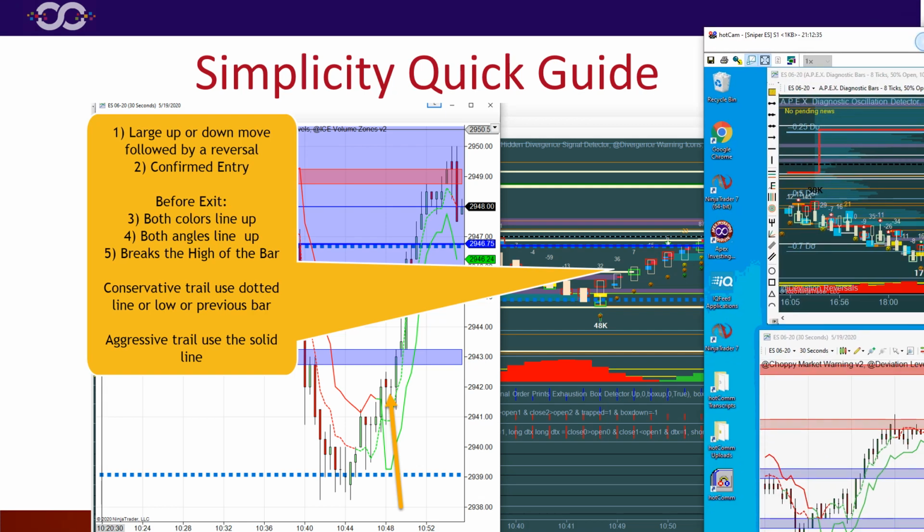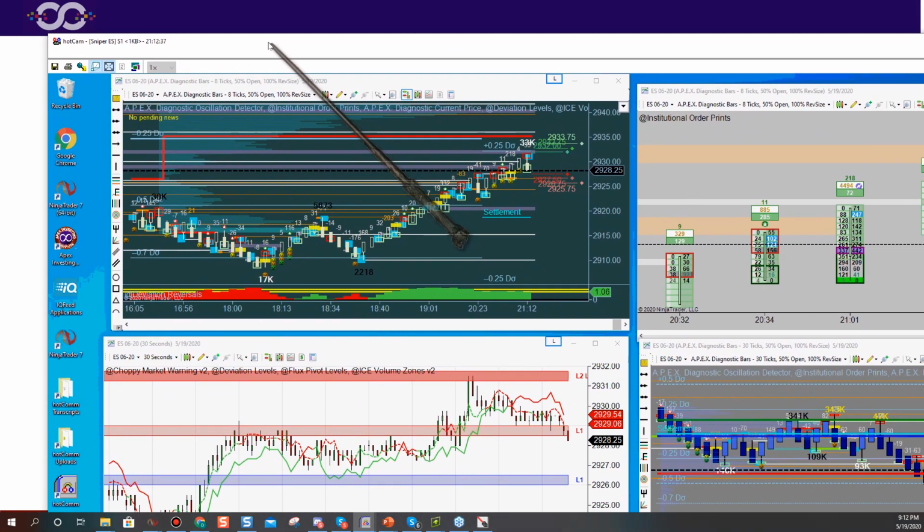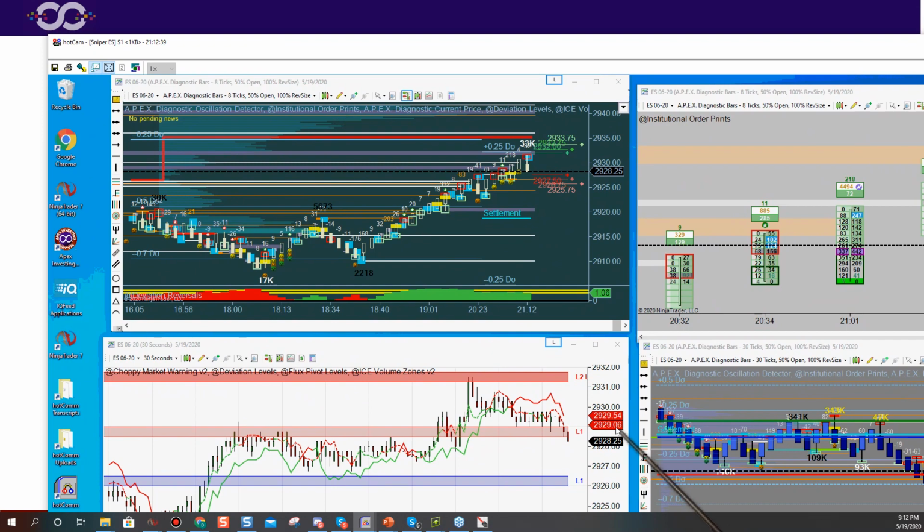See where it has 29.20.06 is this price, and 29.29.54 is that price right there. So it tells you what the price of Simplicity is of the two lines. So that's how you trail using the room charts if you don't have the data feed.